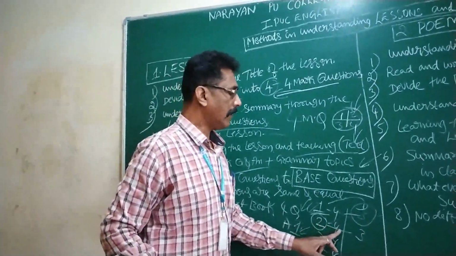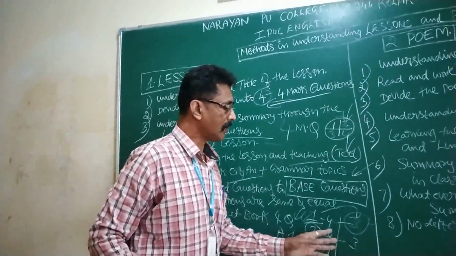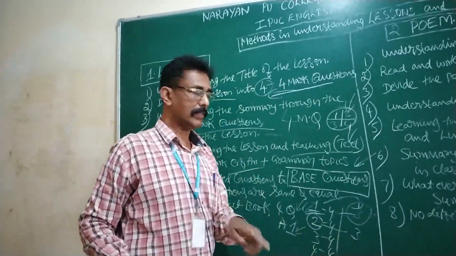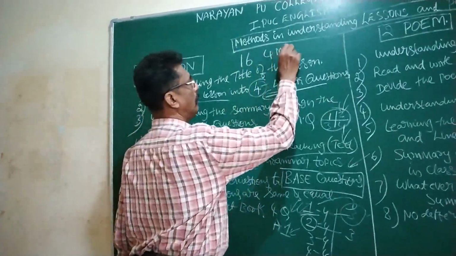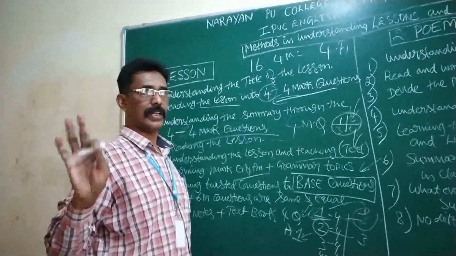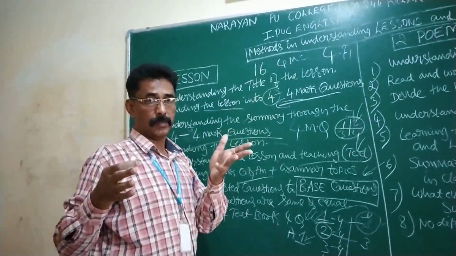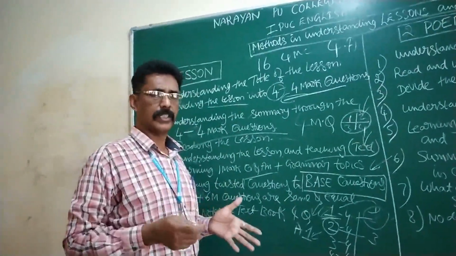Second question, answer, 3 more twisted questions. That means questions are 4, answer is 1. In the lesson, there are 16 4-mark questions, but answers are only 4. 4 base answers, that's all. Twisted questions will be found because this method itself is this.